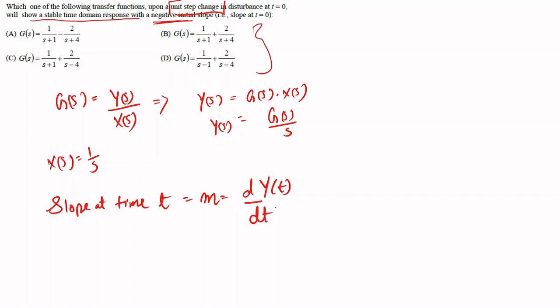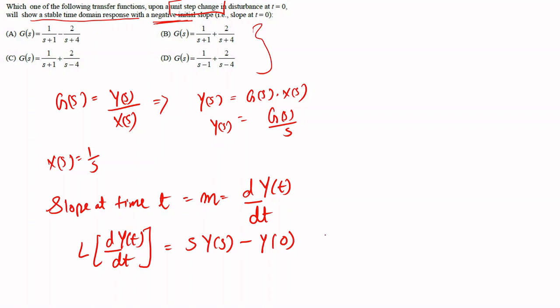So if we take the Laplace transform of this derivative dy(t) upon dt, if the Laplace transform of y of t is Y of s, then we can write this as sY(s) minus y of 0. Now this y of 0 we can find using the initial value theorem, that is limit s tends to infinity of s into Y(s).